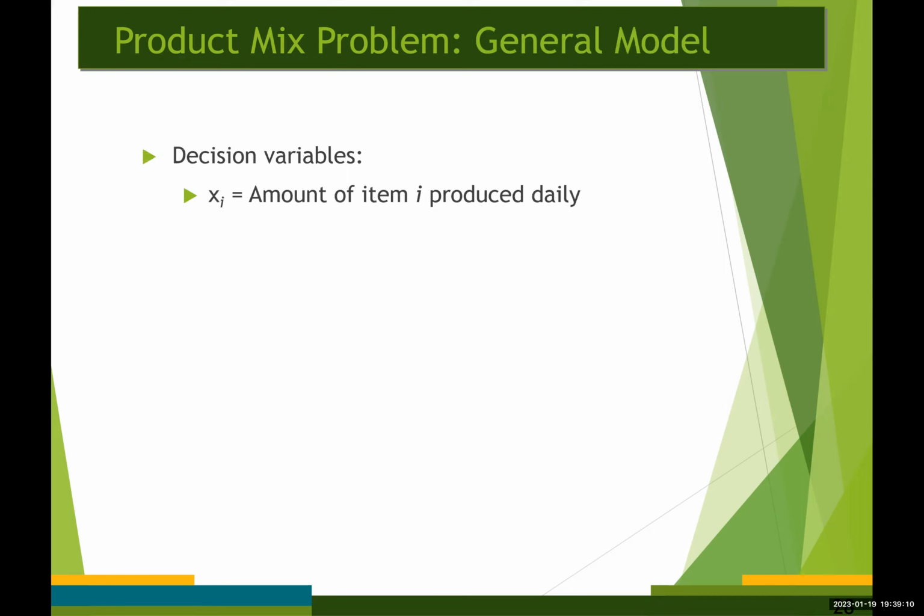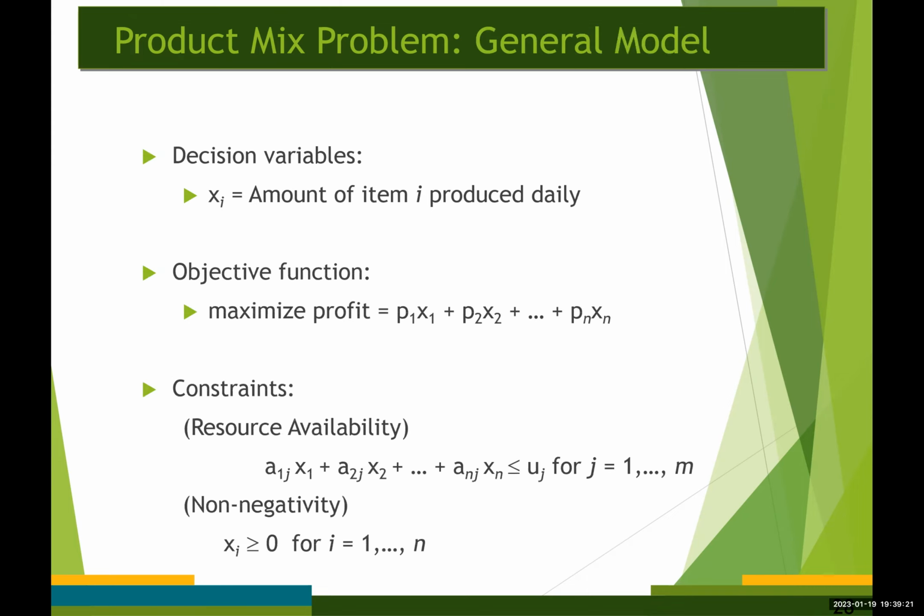So in the product mix problems, the decision variables represent the amount of items produced, and the objective function and constraint sets have this format, okay?